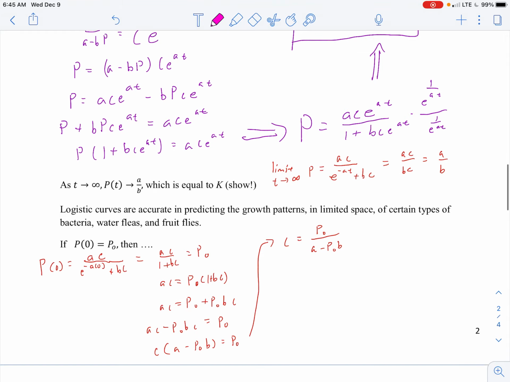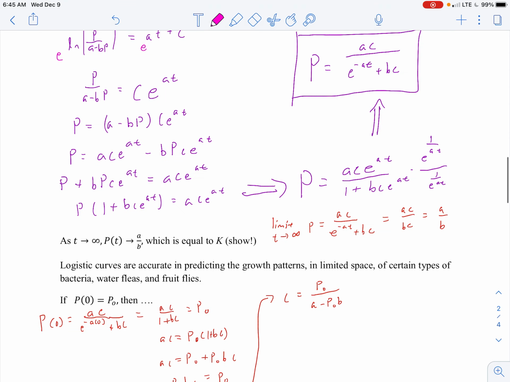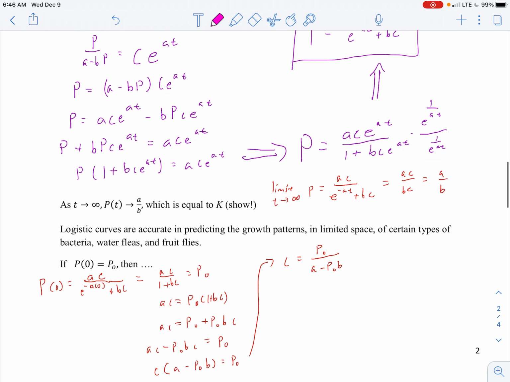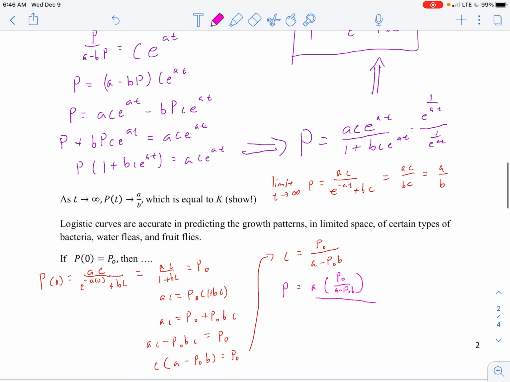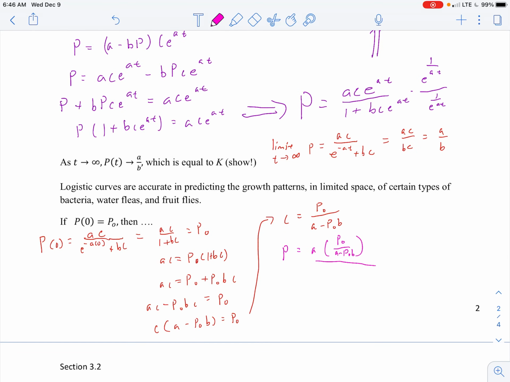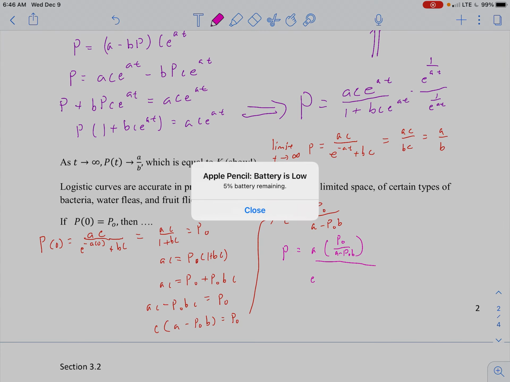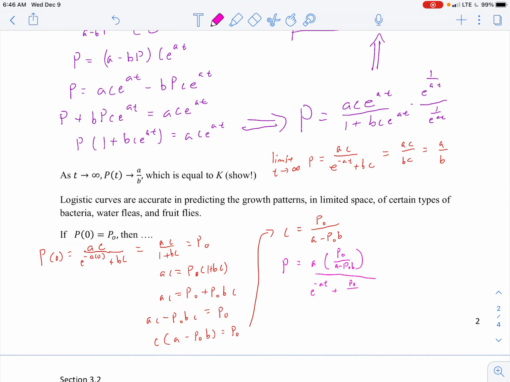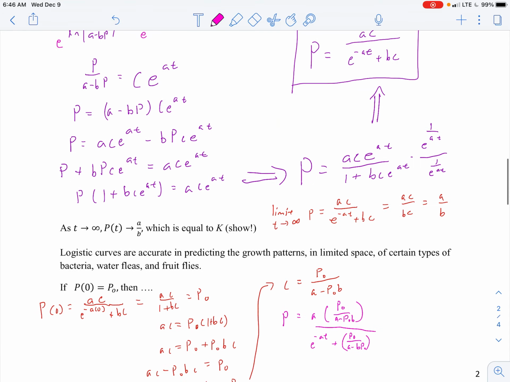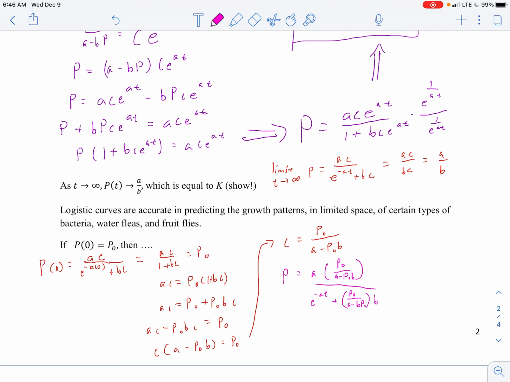So, plugging in P sub 0 divided by A minus P sub 0 B into our equation right here, we're going to substitute in for C. We're going to get P is equal to A times P sub 0 over A minus P sub 0 B, divided by e to the negative AT plus P sub 0 over A minus B P sub 0 times B.